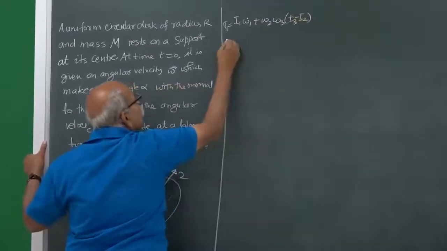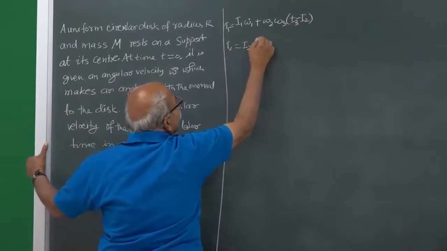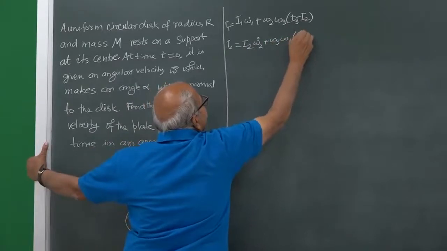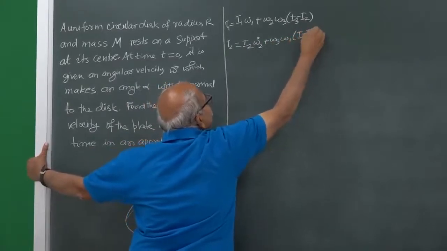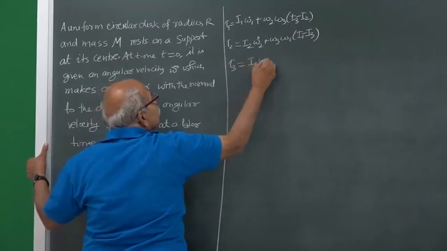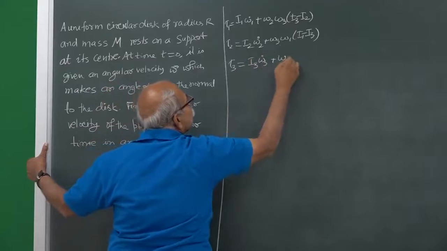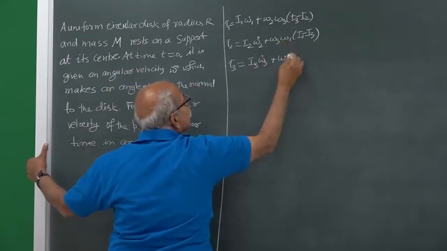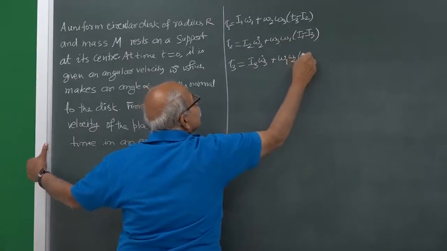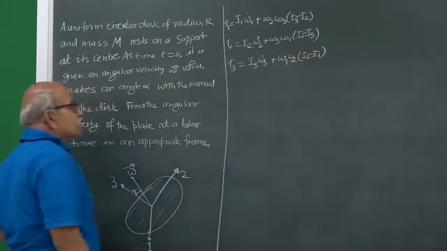Tau 2 is I2 omega 2 dot plus omega 3 omega 1 times I1 minus I3, and tau 3 is equal to I3 omega 3 dot plus omega 1 omega 2 times I2 minus I1. So, these are the Euler equations.